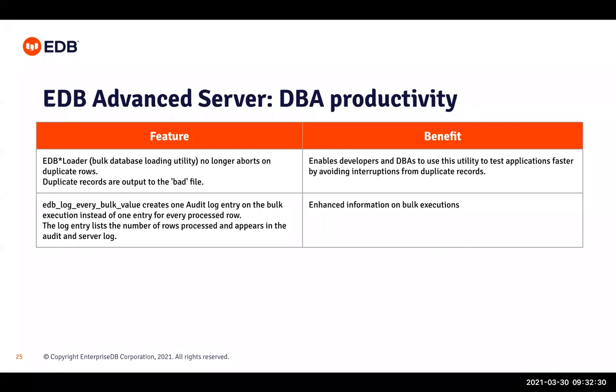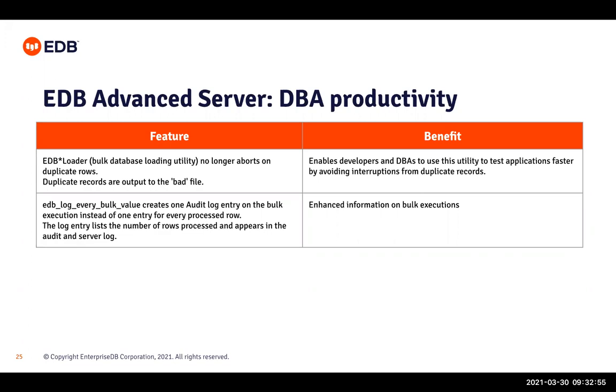So another thing is a small tool called EDB Loader, a very important tool actually for ETL workloads, for data warehousing and so on, but also in normal production. I've seen a lot of organizations use EDB Loader. It is a tool that works in the same way and understands the same syntax as Oracle Loader.